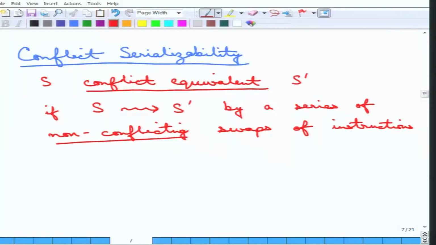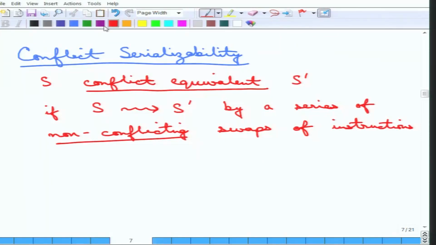On the other hand, if two instructions conflict, their logical order has been maintained. So these two schedules are equivalent in the sense of the conflicting instructions. The conflicting instructions maintain the same order. That is why they are called conflict equivalent. So that is the definition of conflict equivalent.